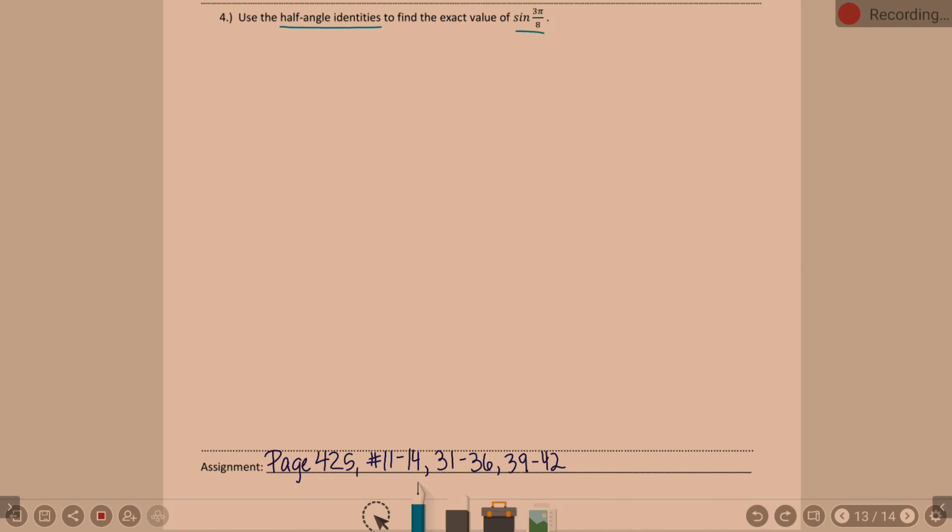First of all, what is our half angle identity for sine? It's plus or minus the square root of 1 minus cosine u over 2. You can change it off of u if you want.